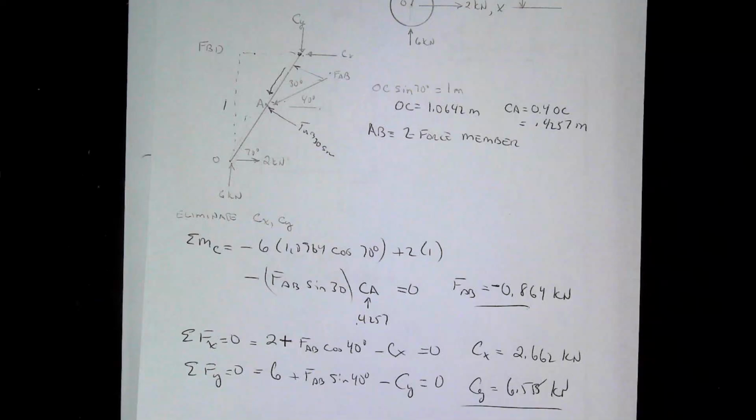Now, got to deal with FAB, and we could be really slick in doing this. I could use this 40 degrees here and break it into an X component times this distance and a Y component going down times that distance there. That's too hard. I want to do things as easy as possible. So let's look here. Here's this coming down, here's 30 degrees.